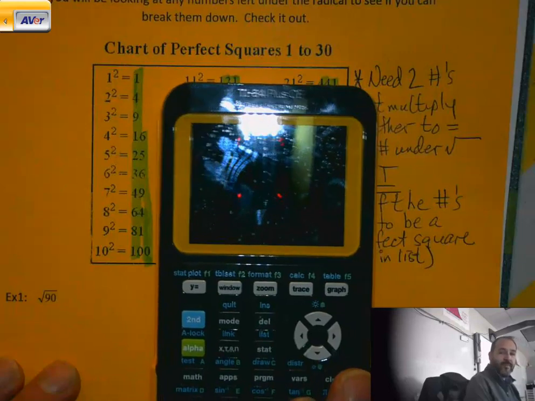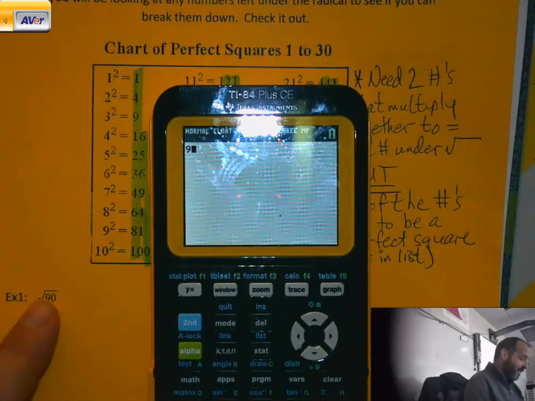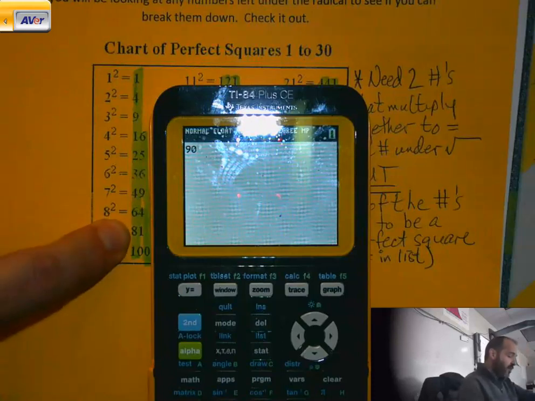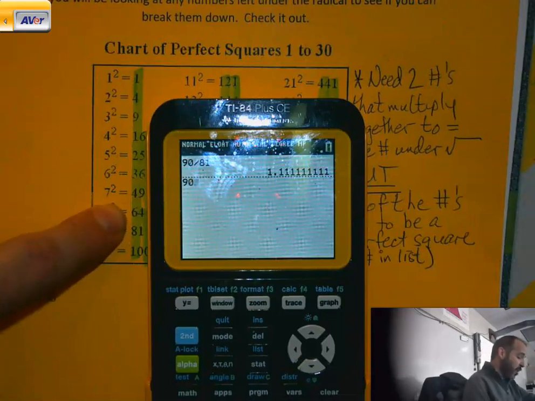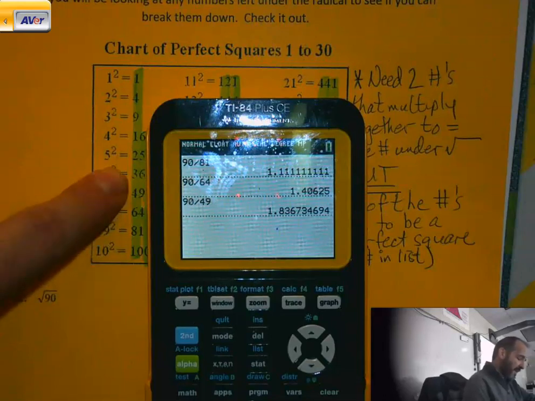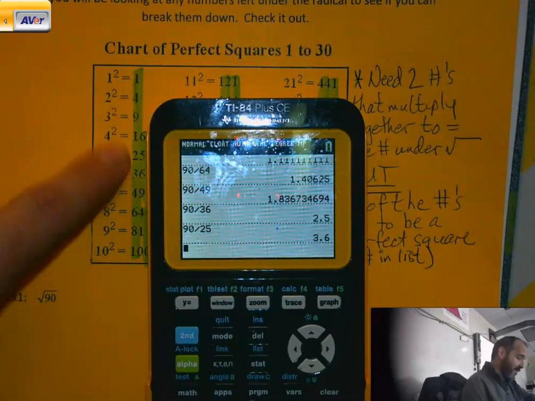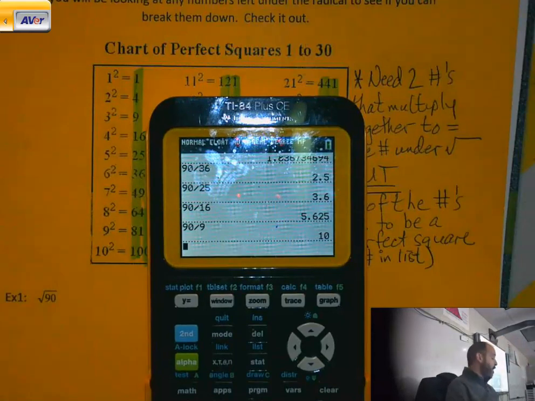Well, I'm going to come back to it. And I just start dividing the biggest one that will go in, and I start working my way down. Now, if I get a decimal, it means it doesn't go in. And so I may try for a bit. Some of them I may know aren't going to go in, so I really don't need to try them.